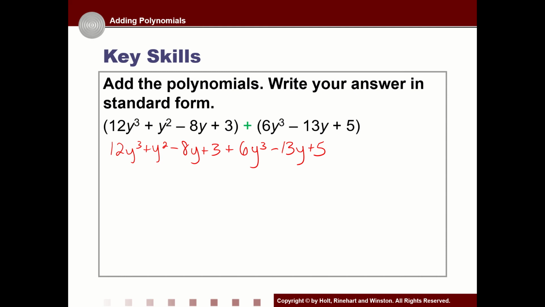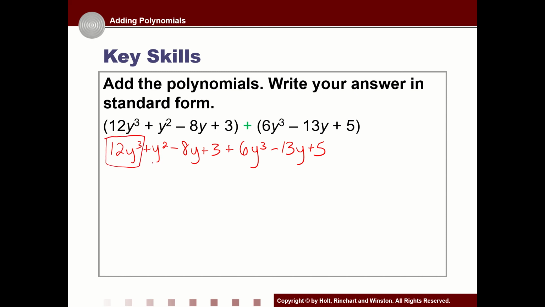Some people in this next step will just write the like terms right next to each other. I like to draw shapes around mine and then I can combine them in the next step and not write that next line. So if I look here, I have 12y to the third.